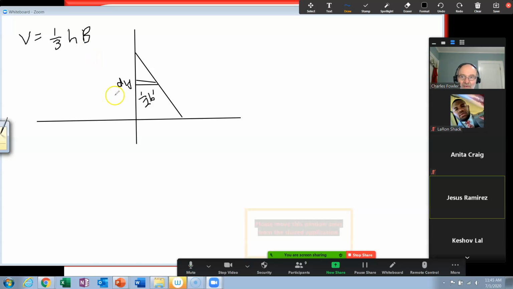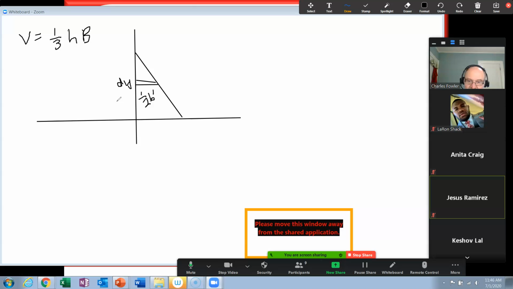Now here's our drawing. This is a cross section taken in the xy plane, and maybe I should put that down. So this is the x-axis, and this up here is the y-axis. This is the cross section of that pyramid, and there's a slice in it, and that top line is supposed to be horizontal, but I couldn't get it to go horizontal.